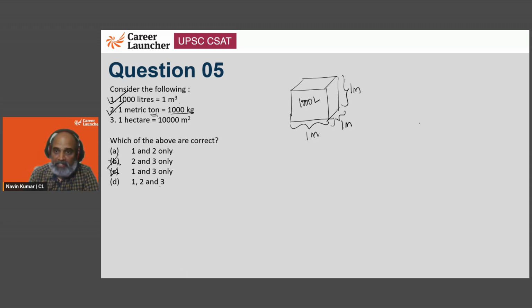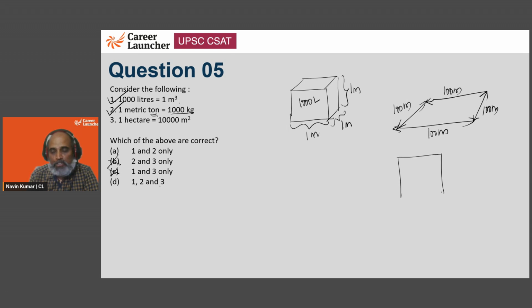How do we do that is, if you walk 100 meters and then if you take a right turn or a left turn and you walk further 100 meters, suppose I took a left turn. If you again take a left turn and walk another 100 meters, and if you again take a left turn and walk another 100 meters, then if you look from above, you will get a square of side 100 meters by 100 meters.